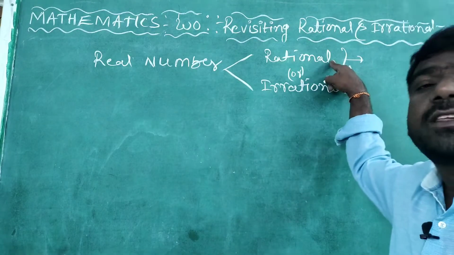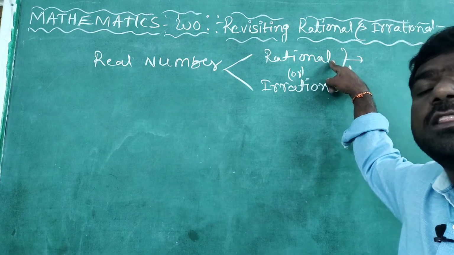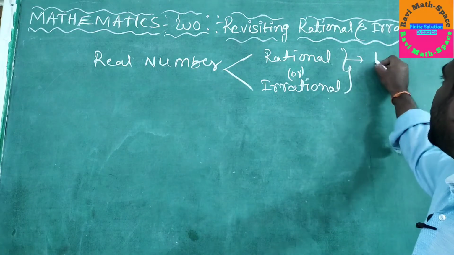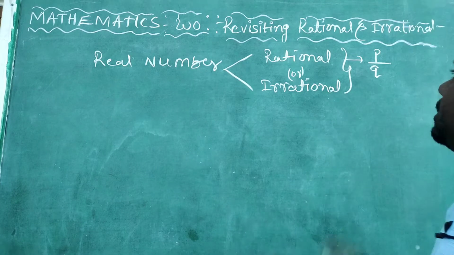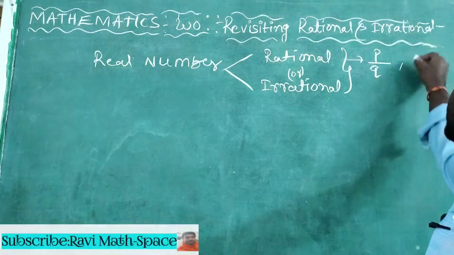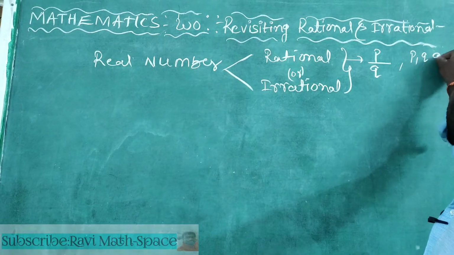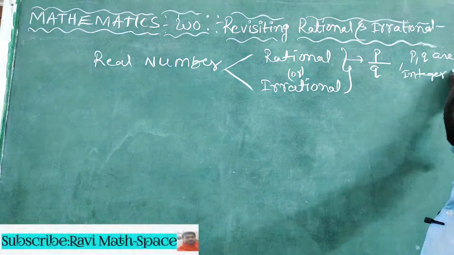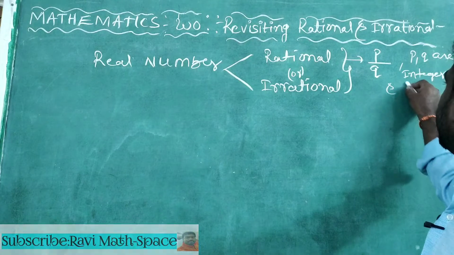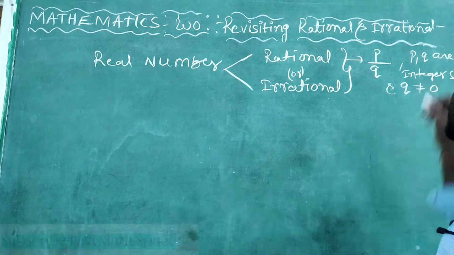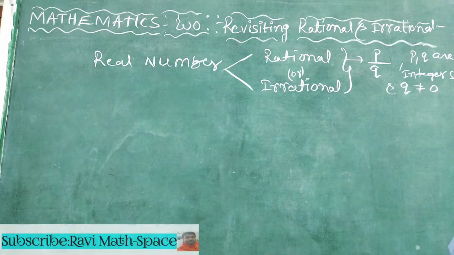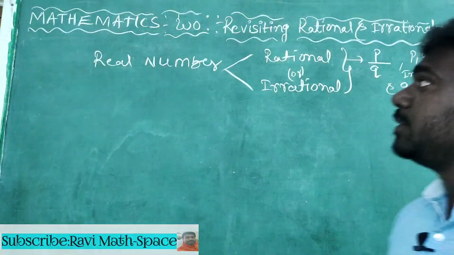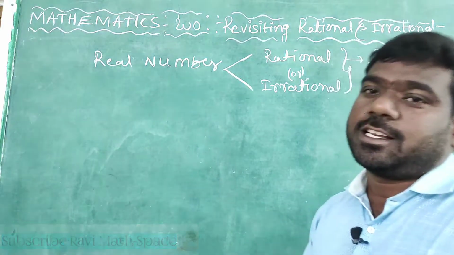A number which can be written in the form p by q, where p and q are integers. One more condition is q is not equal to 0. Such numbers are called rational numbers.